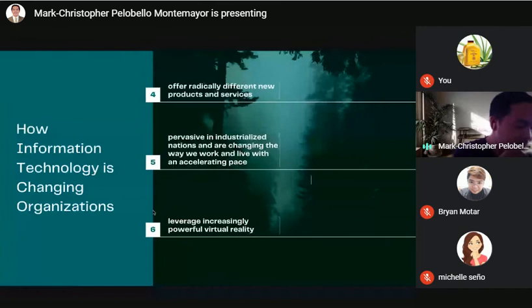Emerging information technologies, in particular, offer radically different new products and services. Today, information technologies are pervasive in industrialized nations and are changing the way we work and live at an accelerating pace. So it is important that we note down this: changing the way we work and live at an accelerating pace.